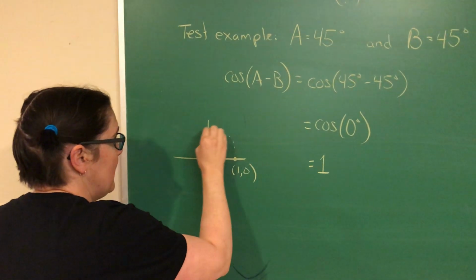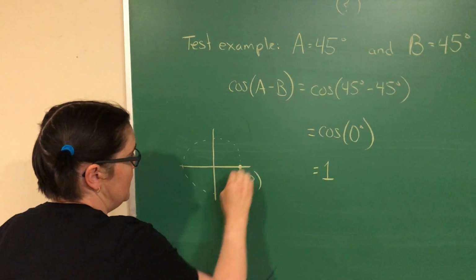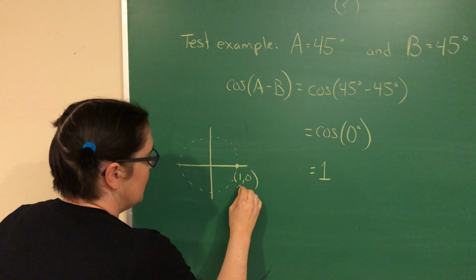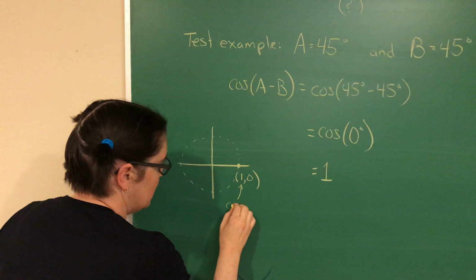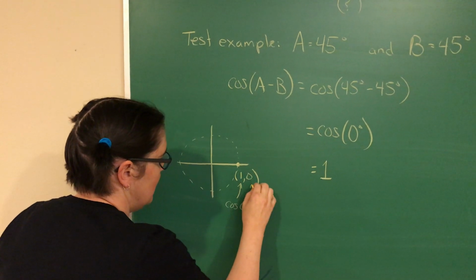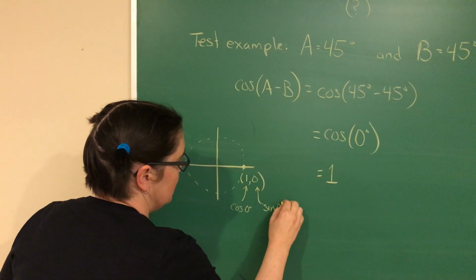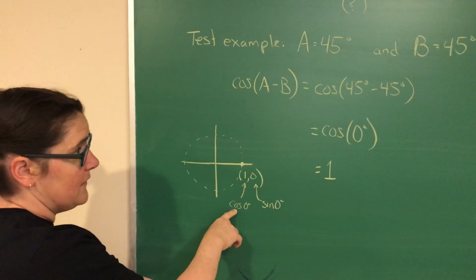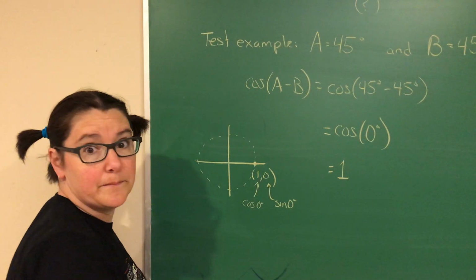If I think about that point on the unit circle, the x value is our cosine of 0 degrees and the y value is our sine of 0 degrees. So the cosine of 0 degrees is equal to 1.